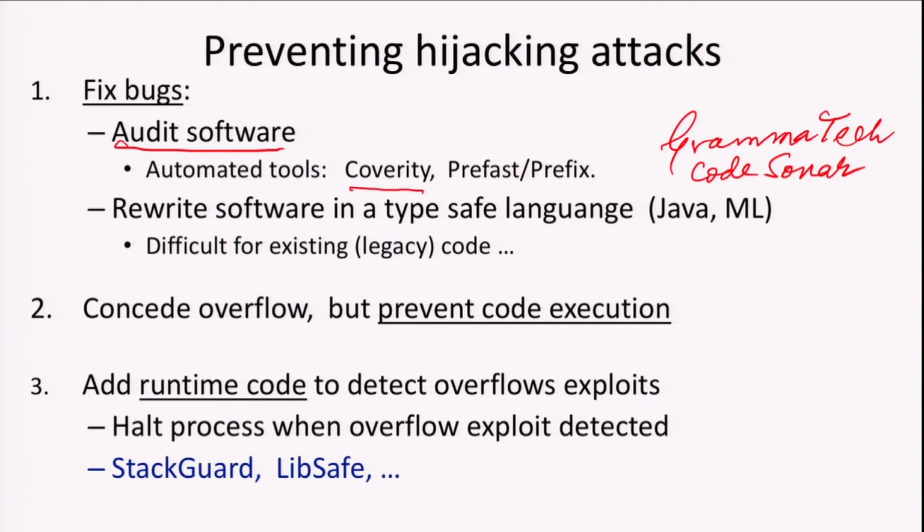So therefore all the tools try to do their very best, but they have to do some kind of abstraction, and that leads to false positives. And when a tool produces too many false positives, the programmers get frustrated and then they stop using the tool. So the main focus of many of these tool vendors is to reduce the number of false positives and increase the number of real bugs that they can find.